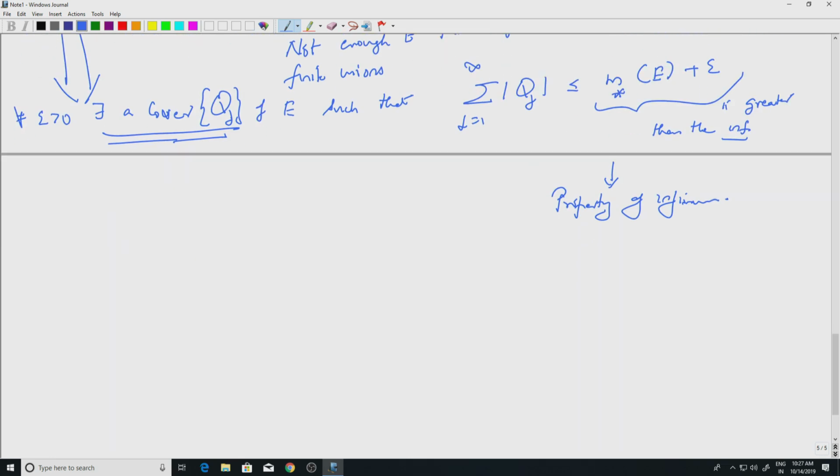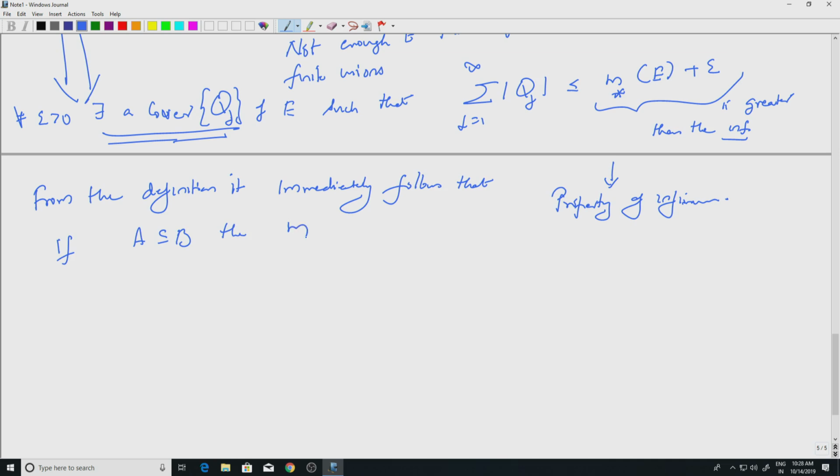From the definition it immediately follows that if A is contained in B, then m star of A is less than or equal to m star of B. Well, why is that?